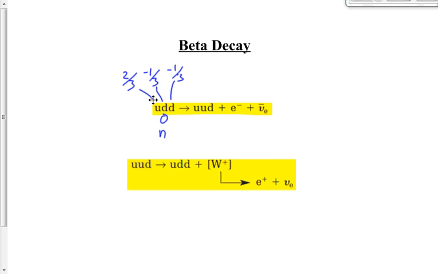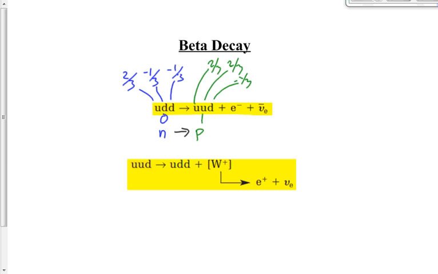Well, an up is 2/3. An up is 2/3. And a down is -1/3. When we add these up, 2/3, 2/3, and -1/3, it gives me 3/3, or a charge of 1. What has a charge of 1? A proton.